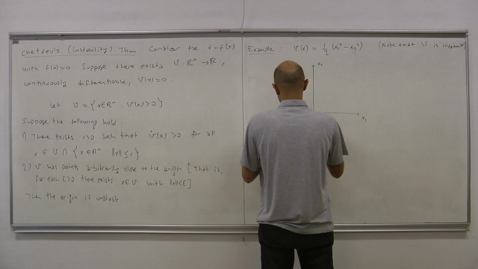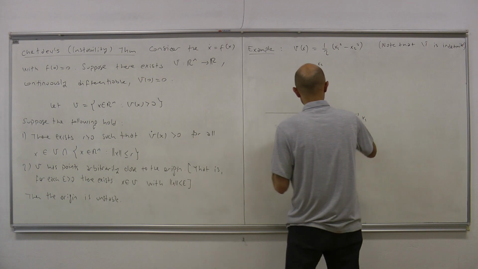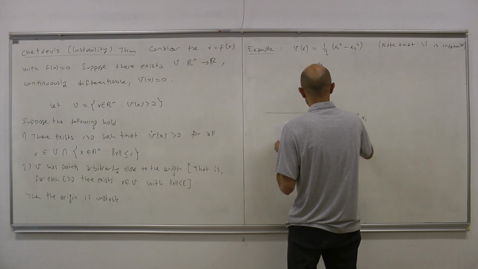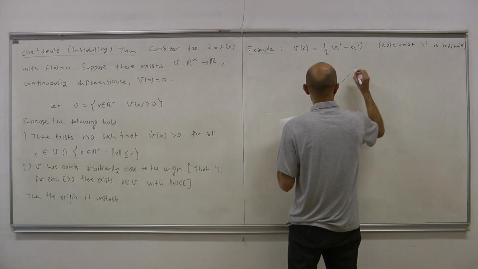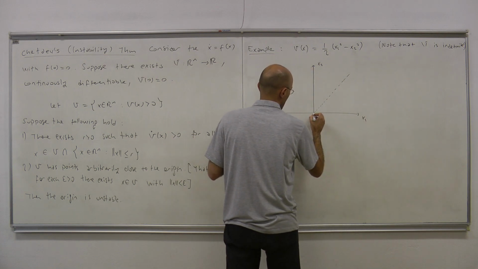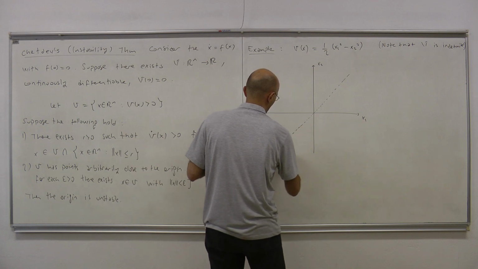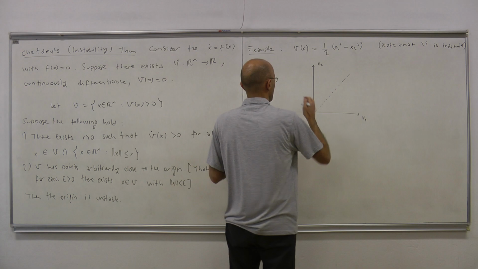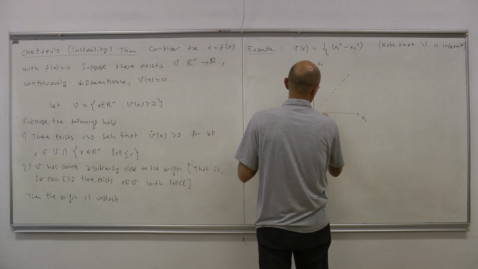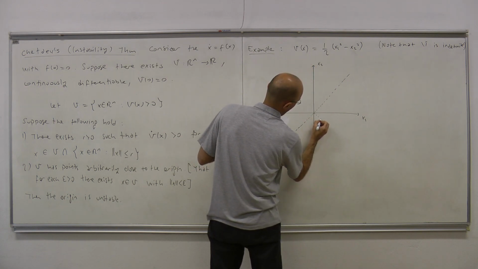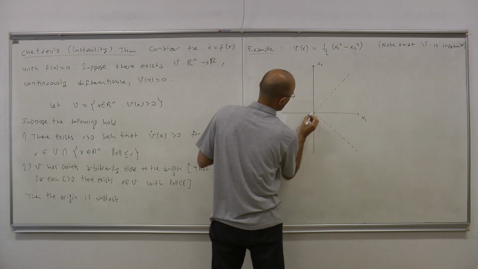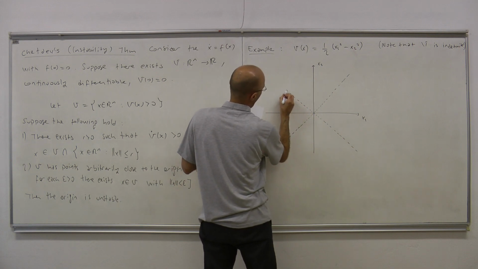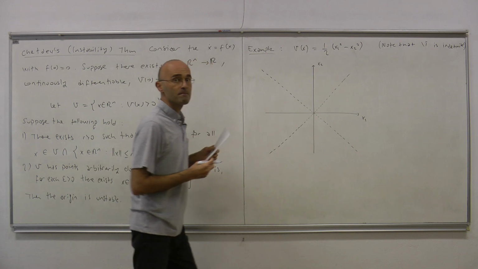For that, we mark these lines passing through the origin at 45 degrees and 135 degree angles.